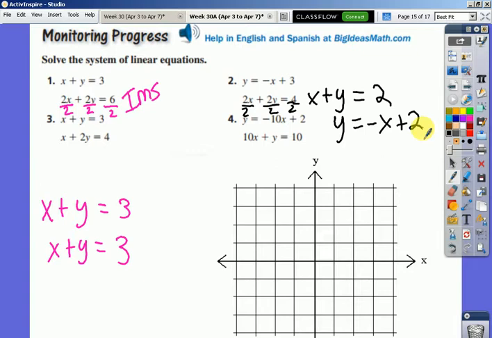But it's not the exact same equation though. They have the same slope. So they have the same slope, so they are parallel. That's no solution.